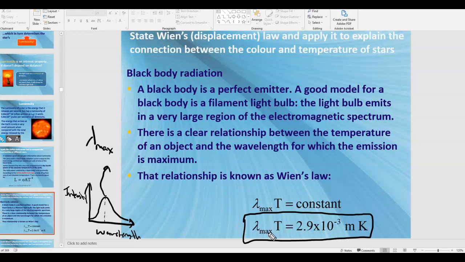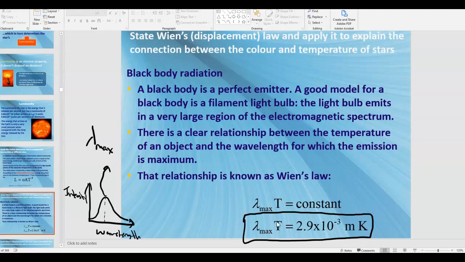So the product of these two variables is equal to a constant, which means that if one of them goes up, the other has to go down. And so you can see from this equation, for example, if I take an object and I make it hotter, if the temperature gets bigger, that means the peak wavelength of the EM radiation emitted is going to decrease.